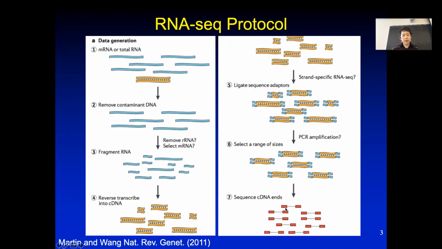So in this particular case, we are sequencing the cDNA from both ends. So for each of the original fragments, you will get two read sequences, one from the plus strand, the other from the opposite strand. Okay, so this is the rough idea of RNA-seq. The protocol for this is still being improved, and the price of the library preparation is getting cheaper and cheaper.